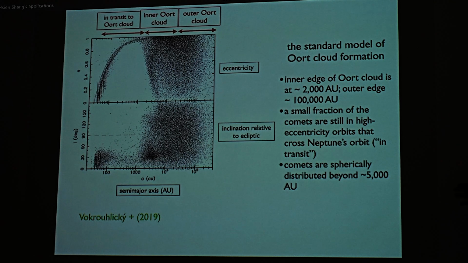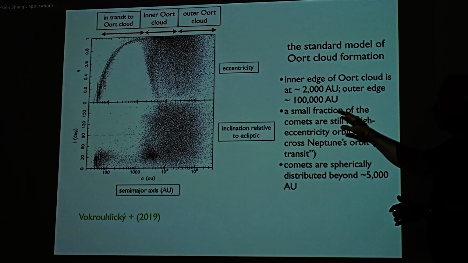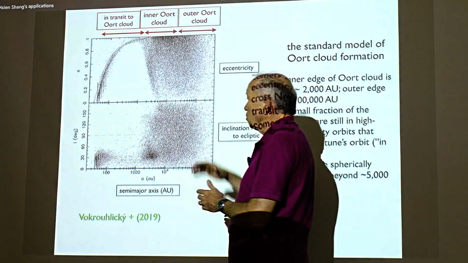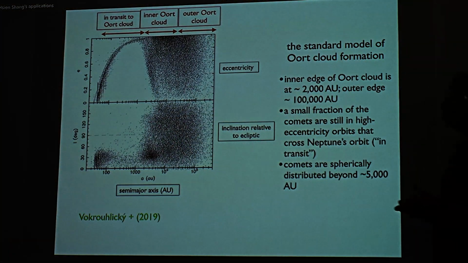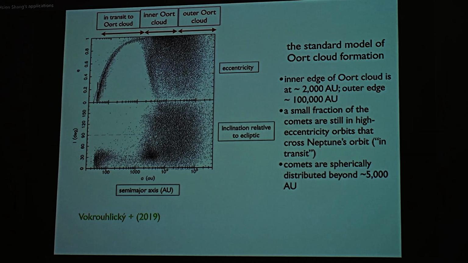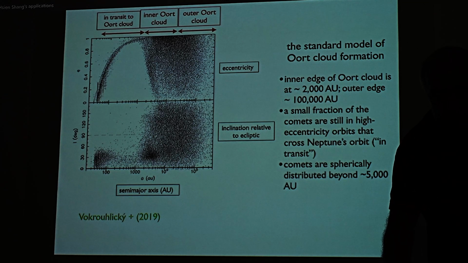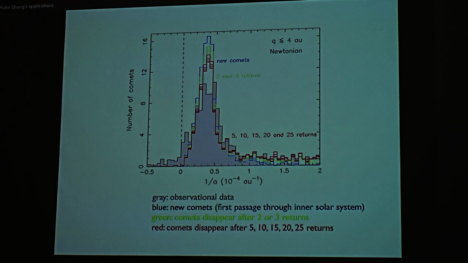The inner edge of the Oort cloud is about a couple of thousand astronomical units, and the outer edge is about 100,000 astronomical units. What this still hasn't shown is that you can correctly reproduce the Oort spike. So you can plot things in terms of the inverse semi-major axis.